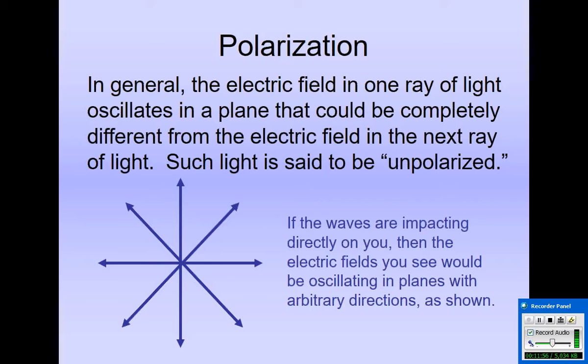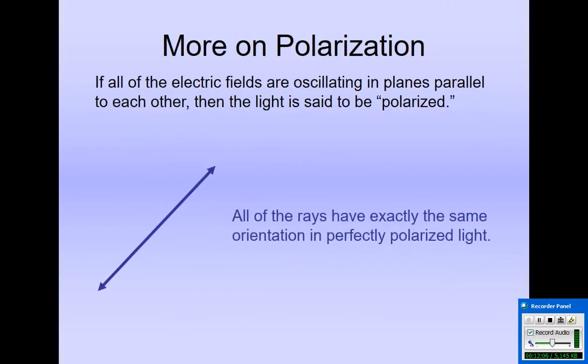So unpolarized light, for instance, sunlight, is pretty much unpolarized. But we can polarize light and get some interesting effects. If you have polarized light, then every single ray of light entering your eye has the same orientation for the electric field oscillations.